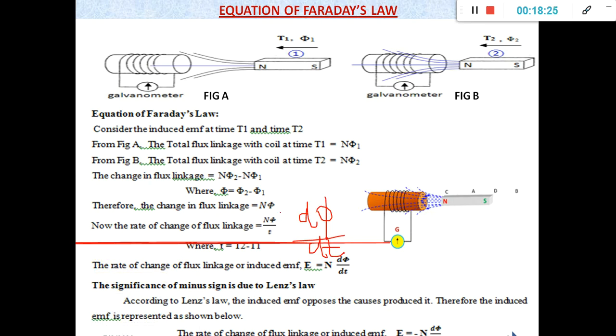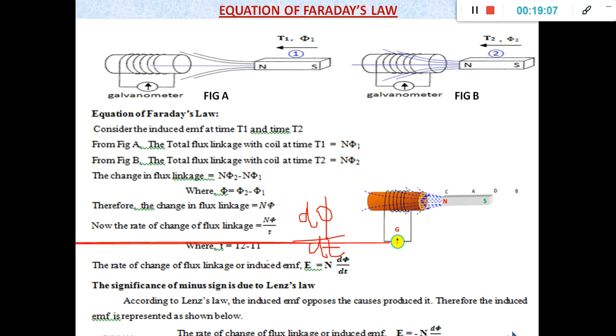So d phi is the change in flux, and the change in time is t2 minus t1. The induced EMF is equal to N, the number of turns of the coil, into the rate of change of flux d phi by dt. This is the induced EMF. The induced EMF of the coil is equal to N into d phi by dt.